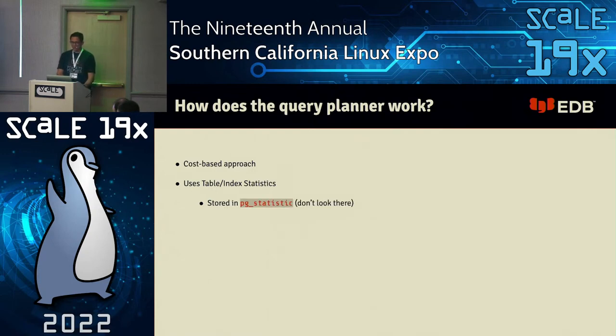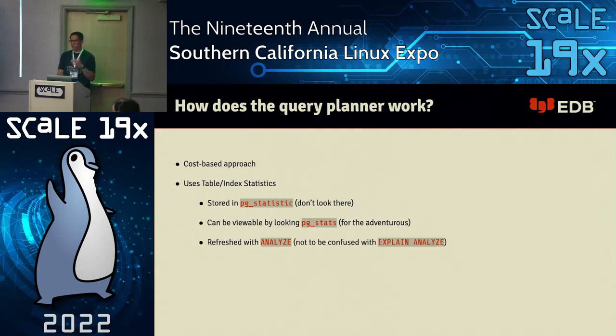It also uses statistics that are stored in the pg_statistic catalog. It's not human readable, so don't look there if you're interested in what kind of statistics they are. If you do want to know, look at pg_stats, which is a processed version of pg_statistic. There's not a lot of documentation on how to interpret it, so I won't get into those details here.